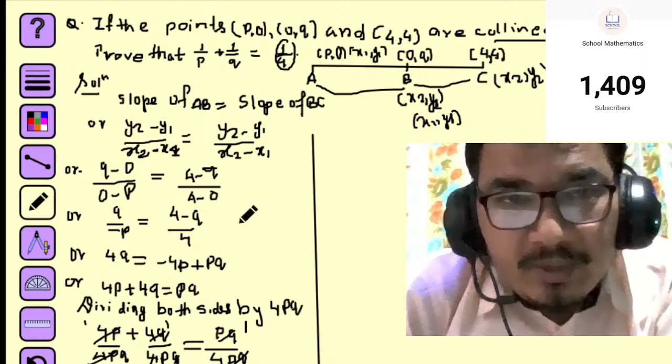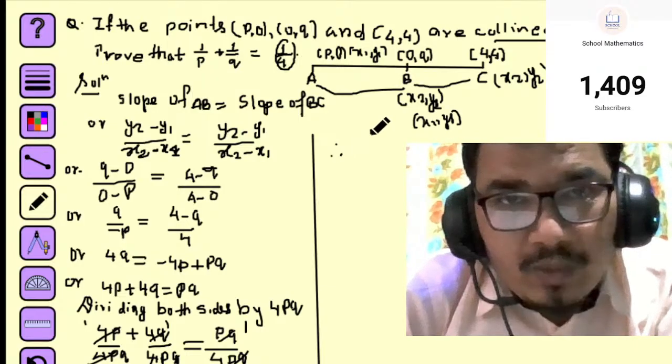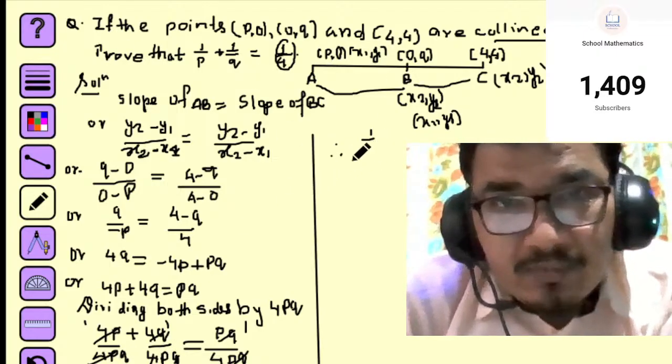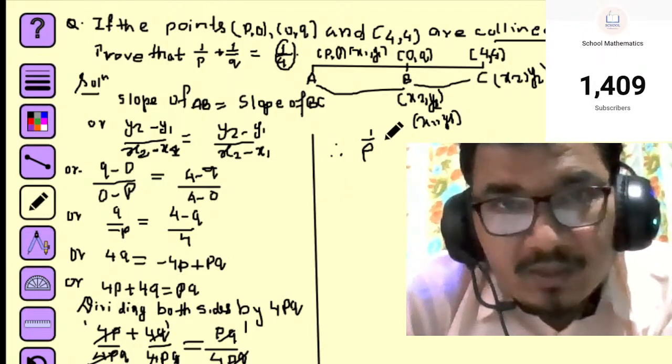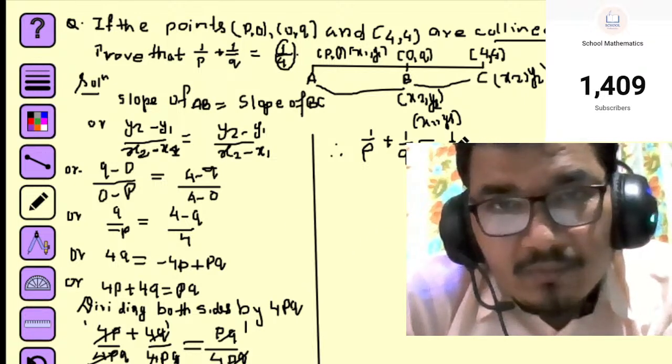Then what is remaining? You can write 1 by p first, as given in the question. I'm writing it like this: 1 by p is remaining from the second term, plus 1 by q, equals 1 by 4.